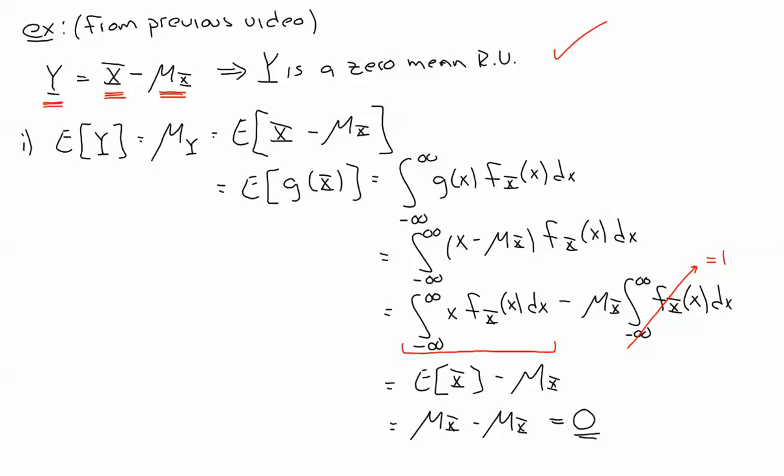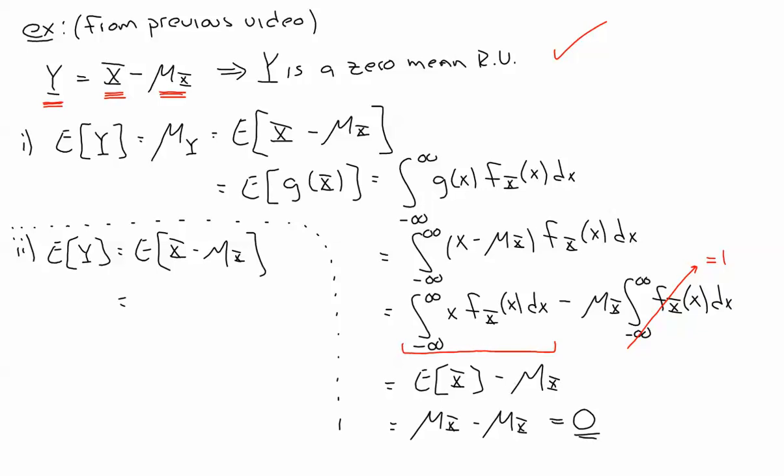Alright, I said I'd do this two different ways. So let's use some of our shorthand notation and use some of the properties of expectation to get exactly the same result, maybe a little bit quicker. The expected value of y is the expected value of x minus mu x.